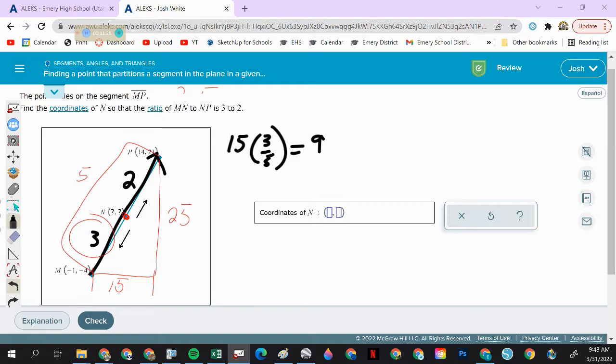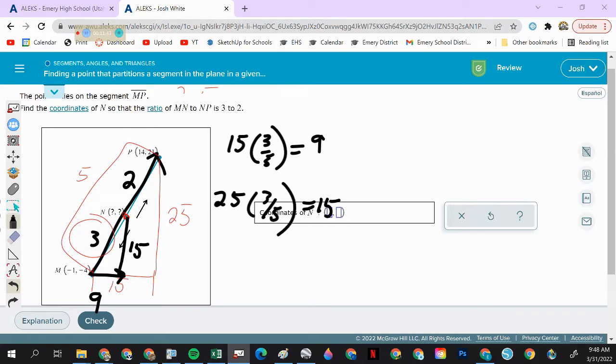And then 25 times 3/5. 25 divided by 5 is 5. Times 3 is 15. So I'm going to go right 9 and up 15.